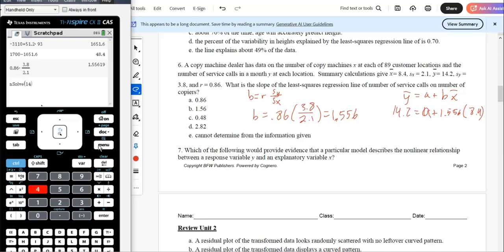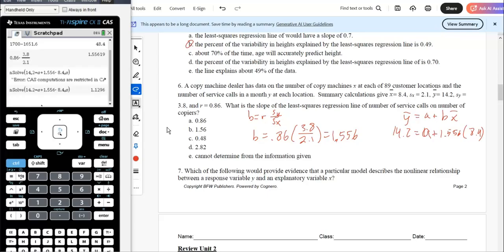So 14.2 equals a plus 1.556 times 8.4, comma x, comma a. Did I put 0.2? I think I put comma too. Yeah, that'll mess you up. So 1.1296. Oh man, what did I do wrong?